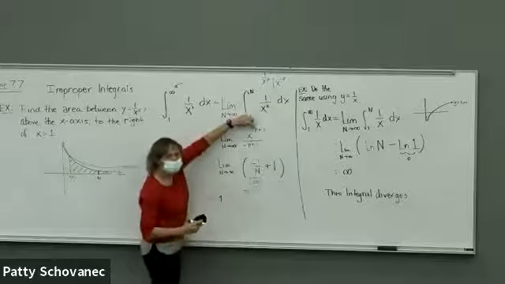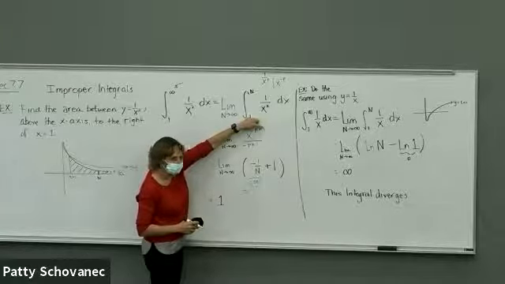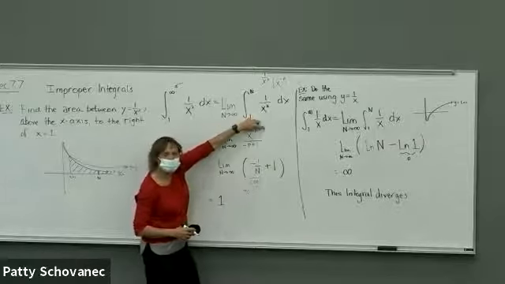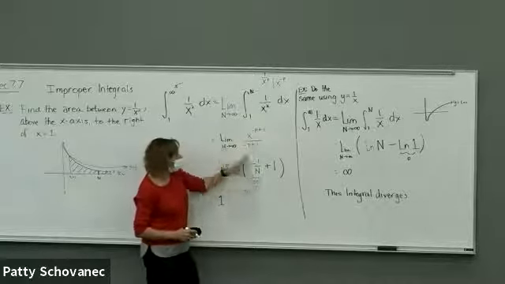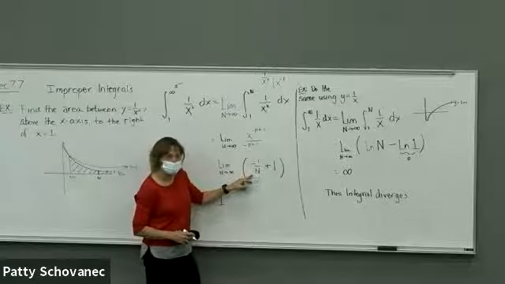If p is bigger than 1, then minus p, when I add 1 to it, will still be negative, which will allow me to put that term in the denominator. And that's what we need, that term to be able to go in the denominator when I evaluate it at n. So that's exactly right.